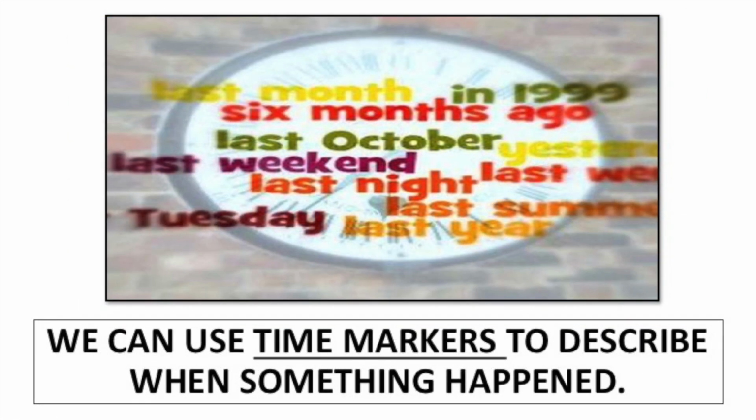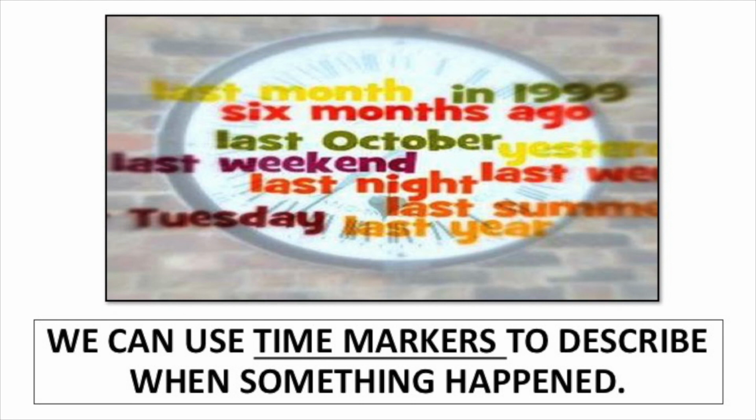And then, one more thing we learned about the past simple tense: time markers. Yes, when we talk about the past, we want to be more specific about when we are talking about. We can use time markers to describe when something happened.